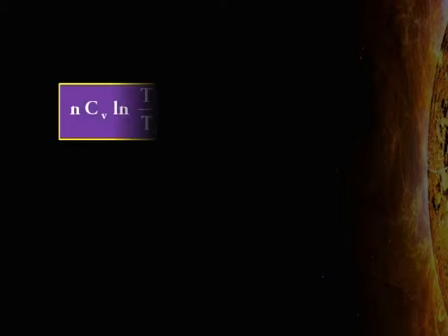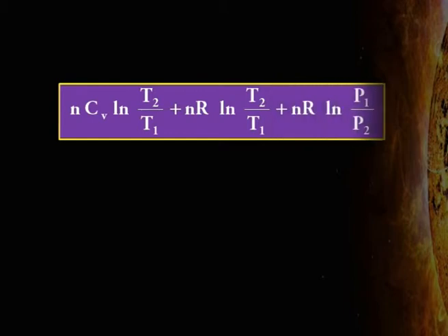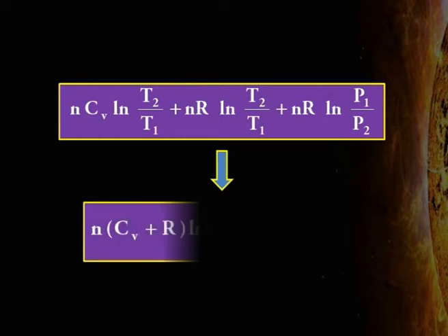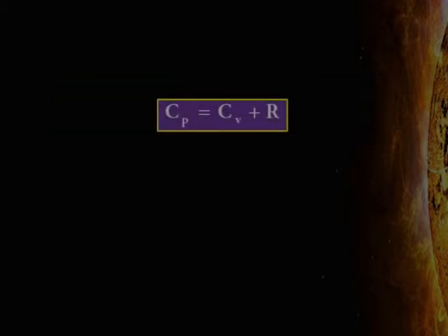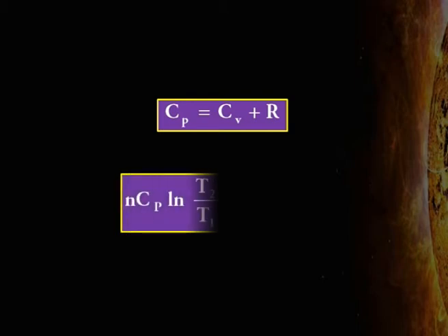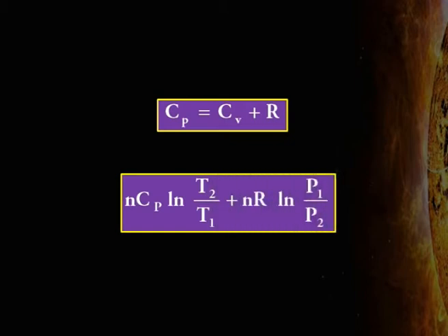This will be equal to nCv natural log T2 divided by T1 plus nR natural log T2 divided by T1 plus nR natural log P1 divided by P2, which is equal to n into (Cv plus R) natural log T2 divided by T1 plus nR natural log P1 divided by P2. Now, you know that Cv plus R is equal to Cp. So, putting this value of Cv plus R in the equation, we will get delta S equal to nCp natural log T2 divided by T1 plus nR natural log P1 divided by P2.